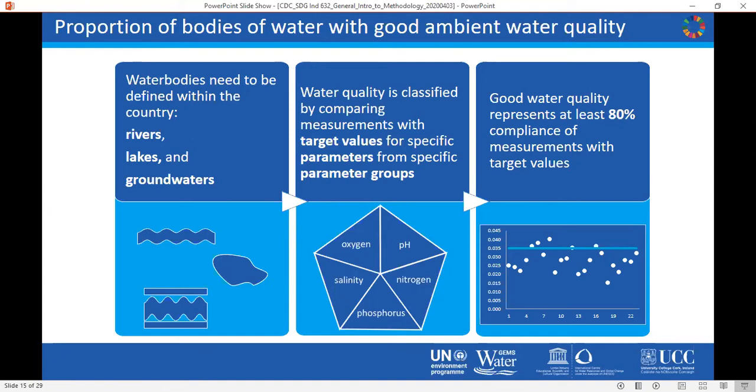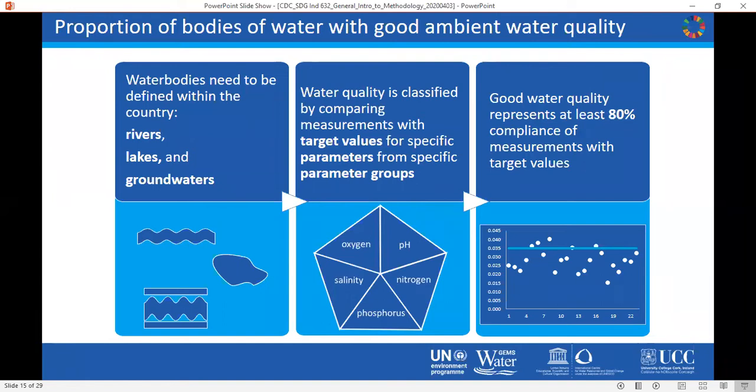Traditional water quality monitoring undertaken in most countries uses physical and chemical measurements. So for the purposes of indicator 6.3.2, the index we use is calculated from very easily measured physical and chemical parameters, which can be selected from these 5 parameter groups.